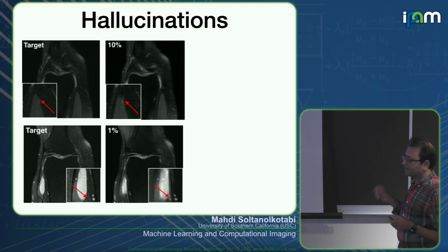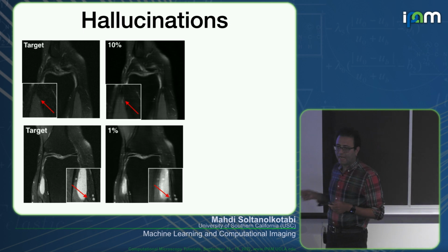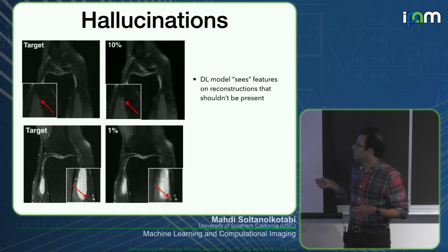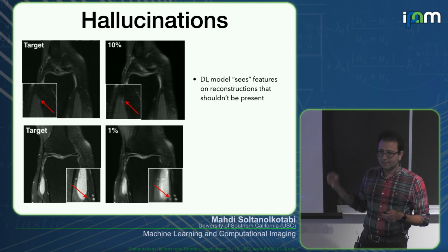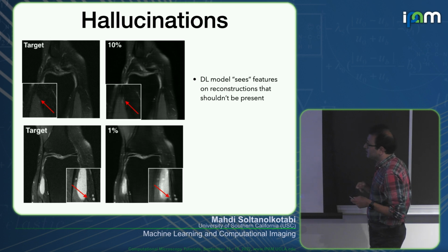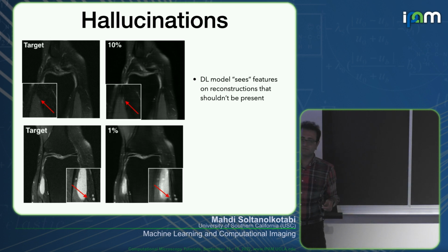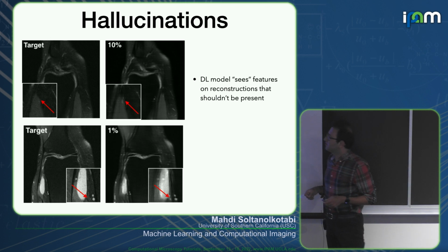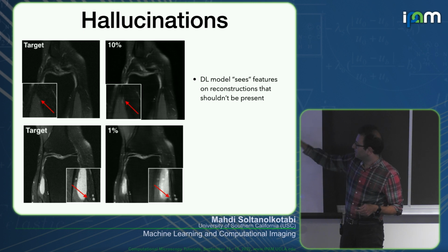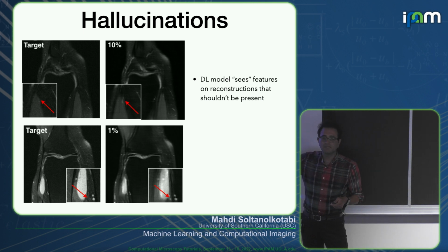So for example, in medical imaging, you could have hallucinations, right? Here's an example of a realistic algorithm creating hallucinations, in particular if you do not have a lot of training data. What we've done here is train these deep learning models using 10% or even 1% of the training data.